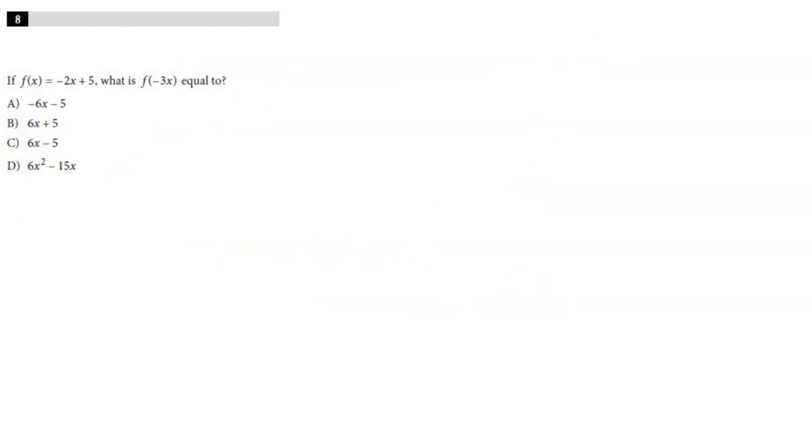Number 8, if f of x equals -2x plus 5, what is f of -3x equal to? So on this one, they give me an input of x, and then they want me to know how that's going to change when I put in -3x. So I'm going to kind of do it like this.